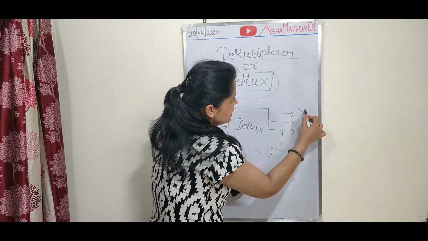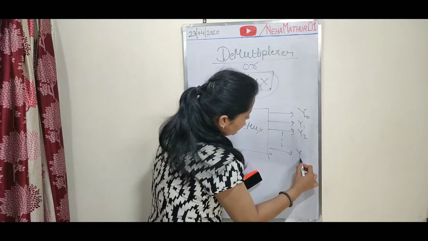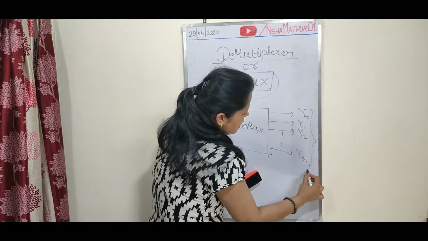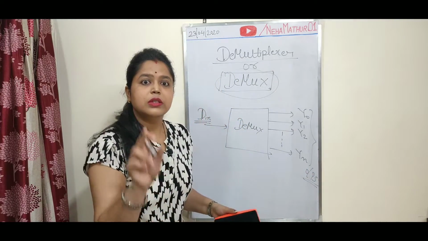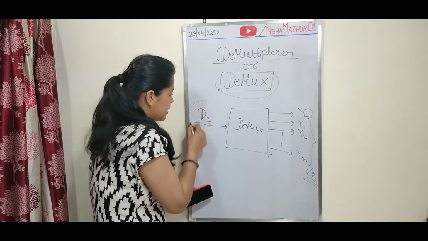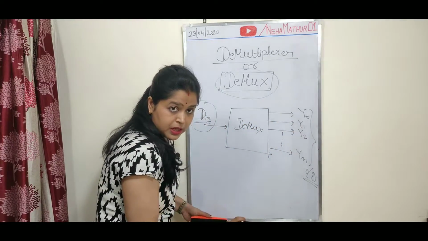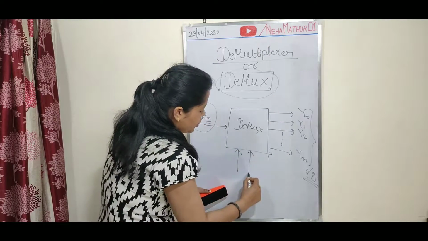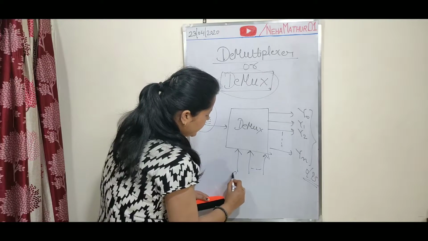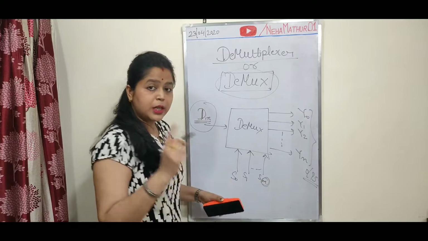I am representing them y0, y1, y2, dash dash dash, y of n. So here we will have n number of outputs. Now the task is, this single input is distributed over n number of output terminals, but with the help of selection inputs. So again, we will deal with m number of selection inputs.